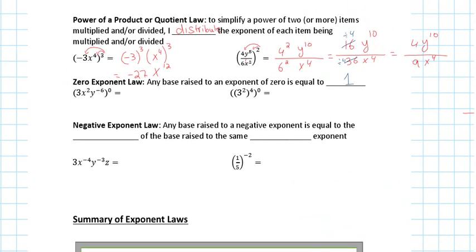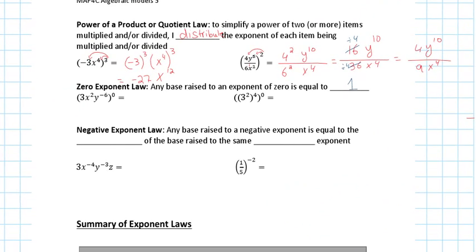So you see this whole expression, 2x squared or 3x squared y to the power of negative 6, all of it is to the power of 0. So that's equal to 1. You don't even have to think about it. Because this whole thing is to the power of 0, that's equal to 1.